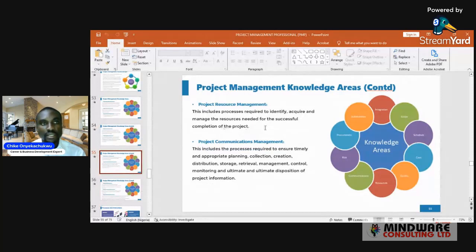Every project will include different types of resources, different people with different qualifications, with different expertise. All right. So, as a project manager, you need to know the kind of expertise that is required for your project. All right, and ensure that you get the best, so that at the end of the day, you'll be able to deliver quality work.